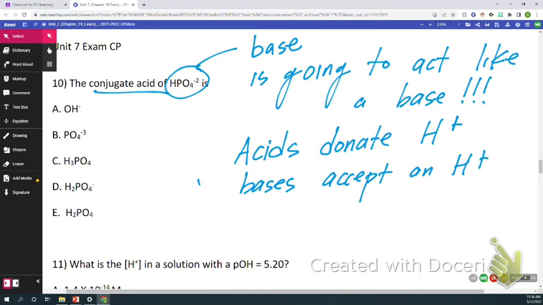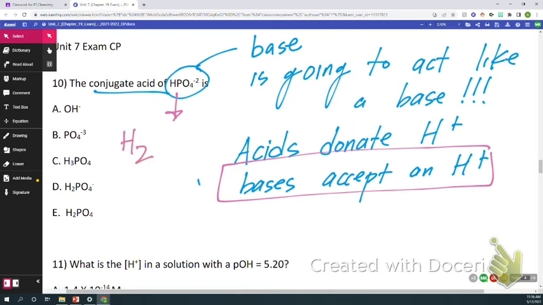So this is the very important thing to realize. Bases accept H plus. So the conjugate acid, if they're looking for the conjugate acid, this is going to act like a base. It's the opposite. And what do bases do? They accept H plus. So what is this going to look like if it pulled in an H plus? It's going to have two H's now.